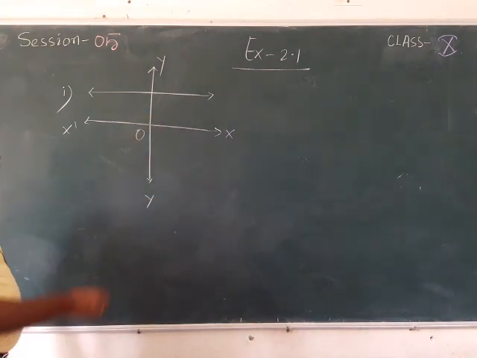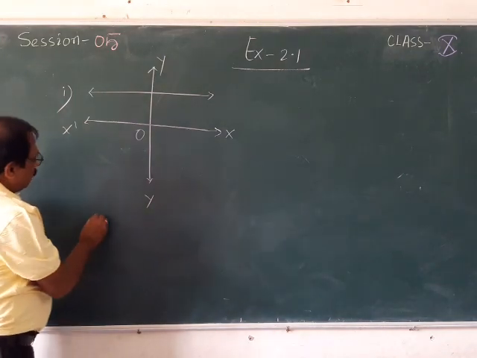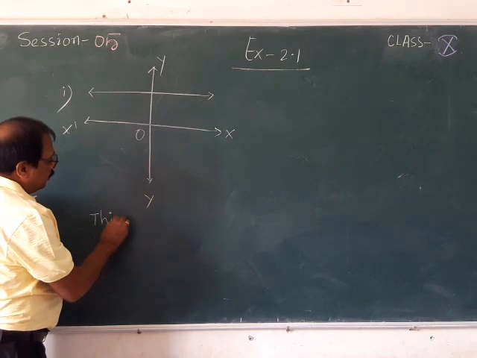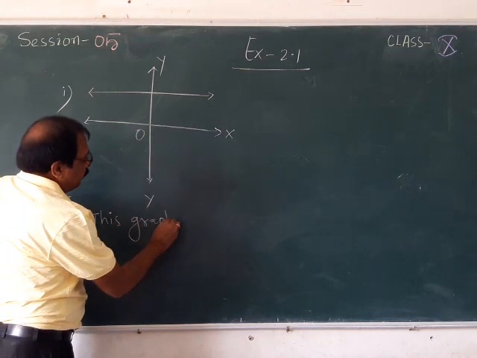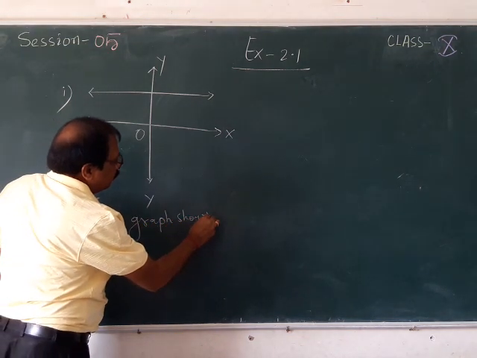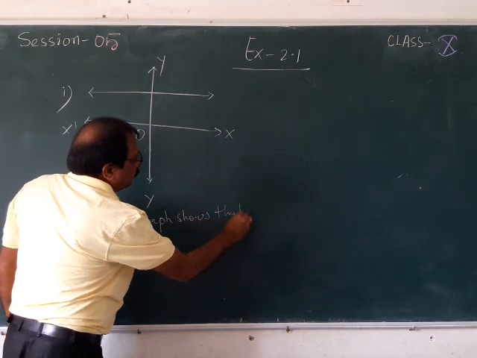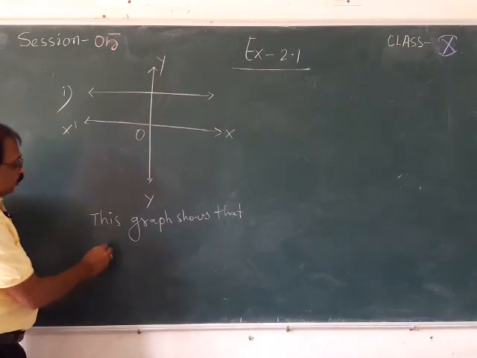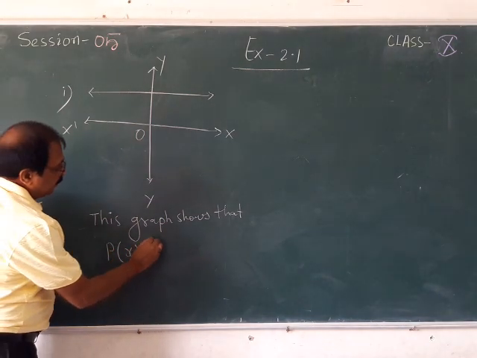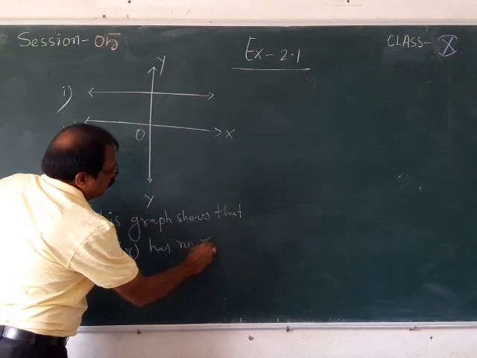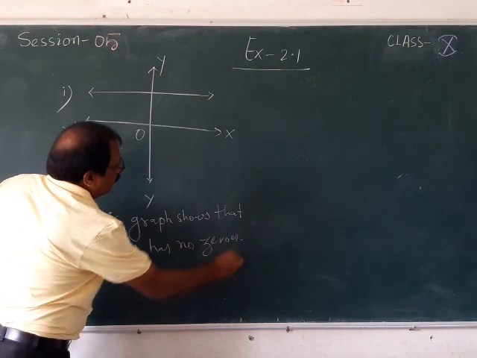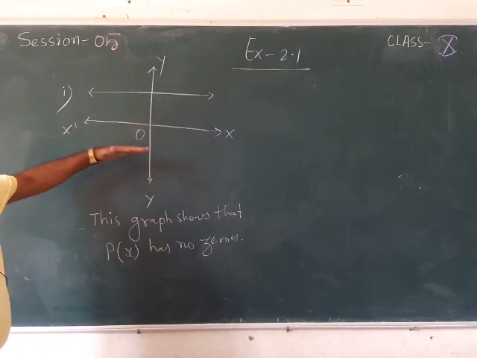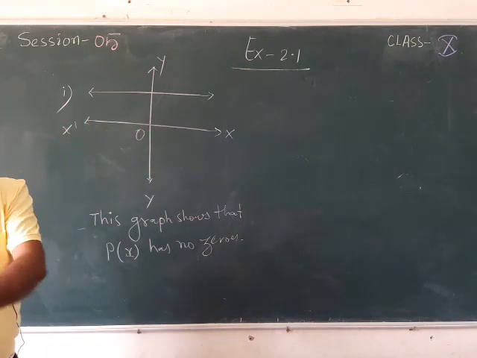So, we can say that this graph shows that p(x) has no zeros. Why does p(x) have no zero? Because it is not intersecting the x axis at any point.